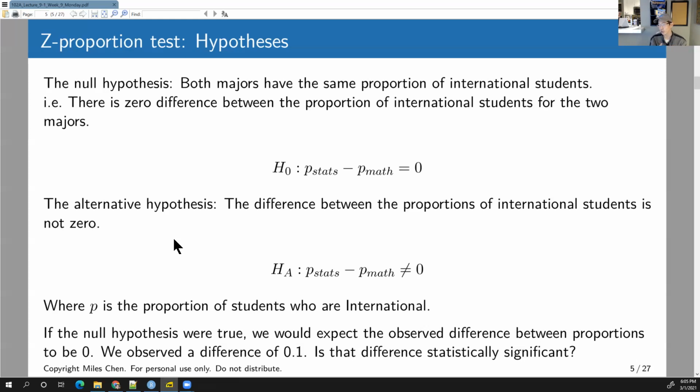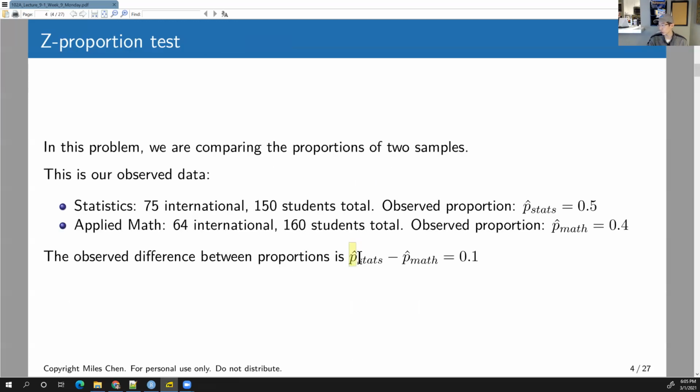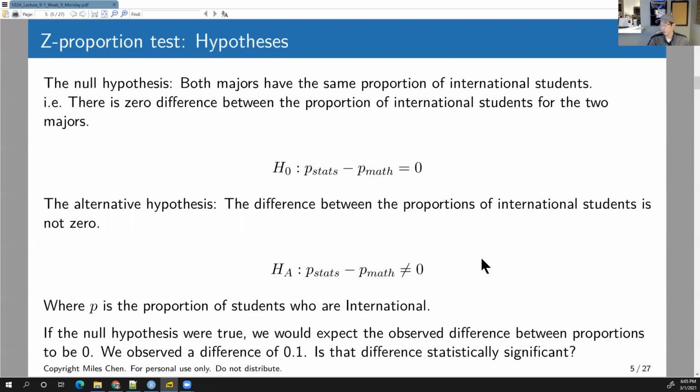Symbolically, the null hypothesis is that p stats minus p math is equal to 0, p being the proportion in the population, versus over here we have p hat stats minus p hat math, the sample proportions that we observed. That difference is 0.1. But what we're saying in the population is that p stats and p math, where p is the proportion of international students, that difference is 0.